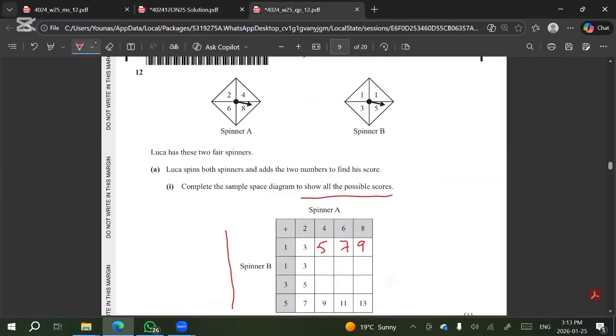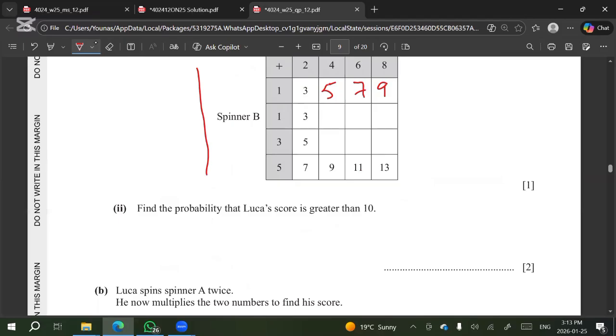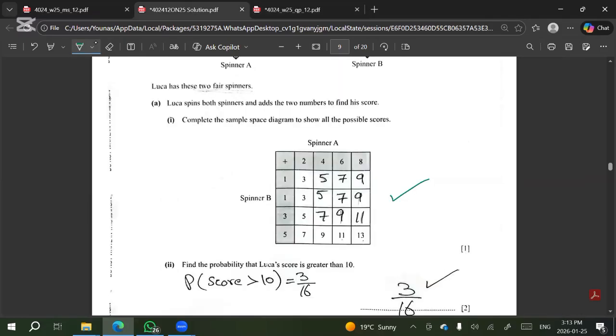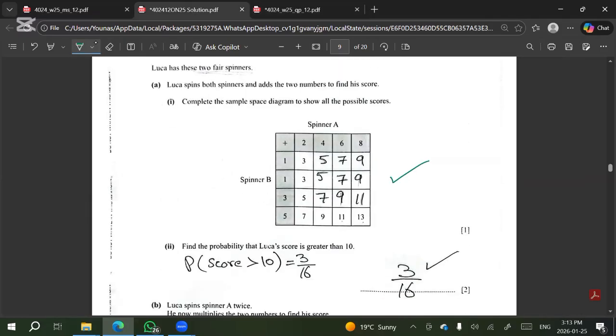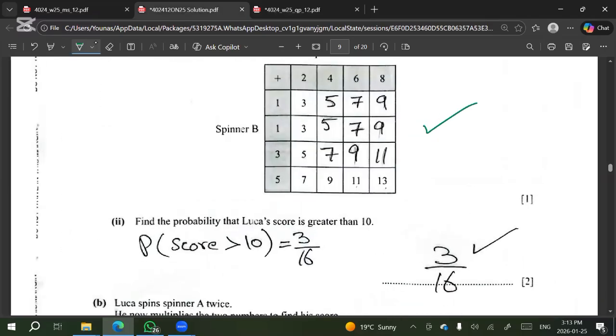Okay, then the question is find the probability that Luca's score is greater than 10. So you have to tell the probability of the score being greater than 10. Very simple, straightforward question. You see how many possible outcomes there are. 1, 2, 3, 4. 1, 2, 3, 4. 16 outcomes.